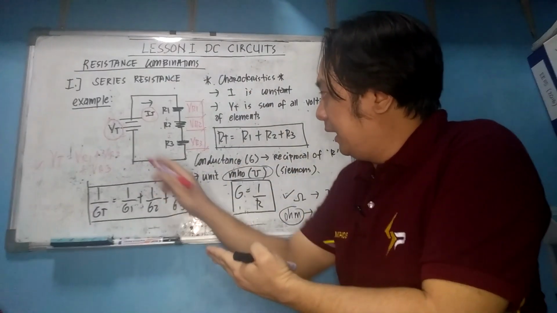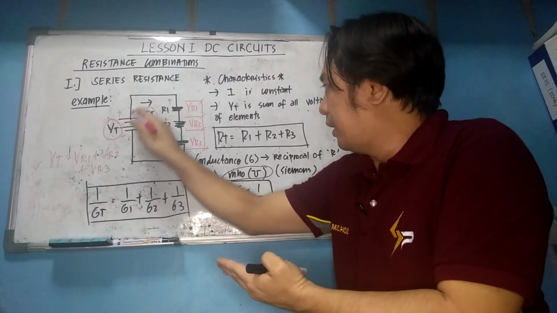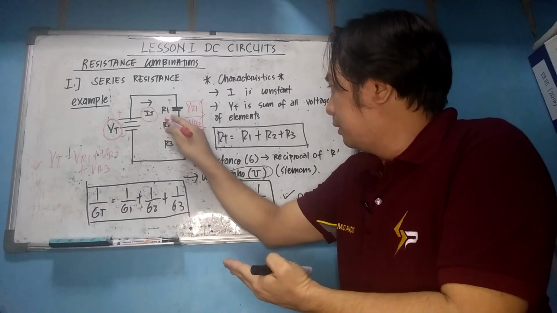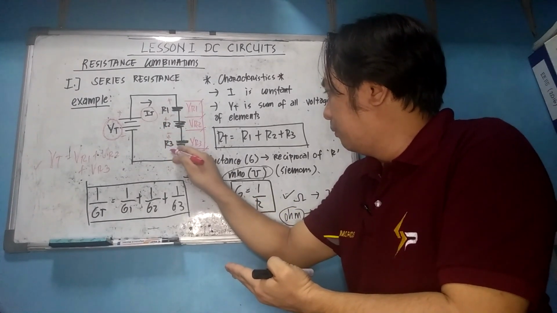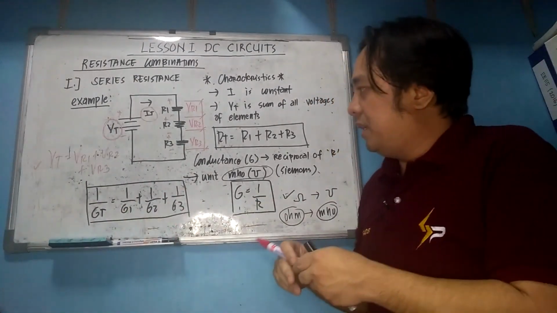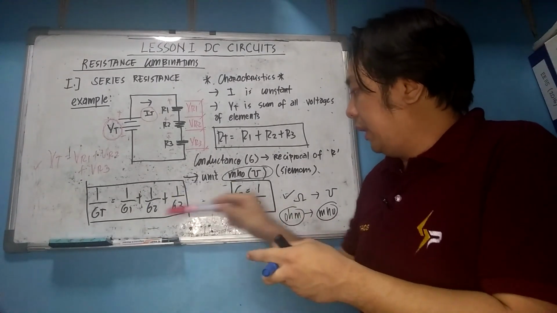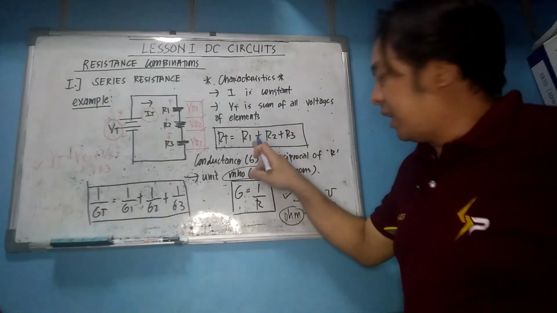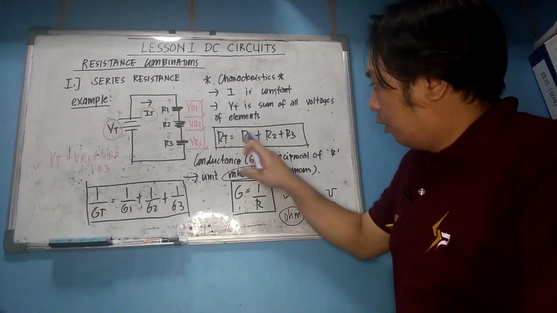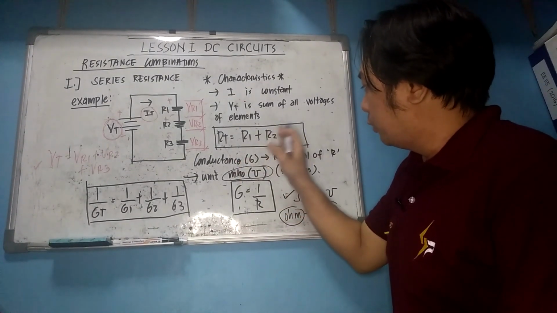So we will derive this from the last slide using Kirchhoff's voltage law, and considering again, we follow the polarity marks. Voltage rise, and then voltage drops from the resistors, so that we can arrive at this equation: Vt is equal to VR1 plus VR2 plus VR3. Okay, I already have the pre-derived result here, that all of the resistances connected in series will be equal to R1 plus R2 plus R3.